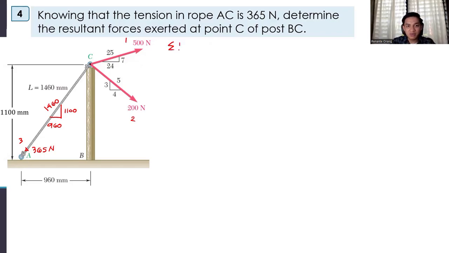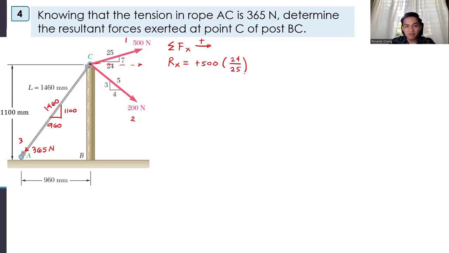So, summation of forces in our x-axis, where all right side forces is positive. Para makuha natin si Rx, that is equivalent to 500 natin is going to the right. So, that is positive 500. So, nakahiga siya. So, yung gagamitin natin is si 24 kasi nakahiga din siya, divided by its hypotenuse, which is 25.